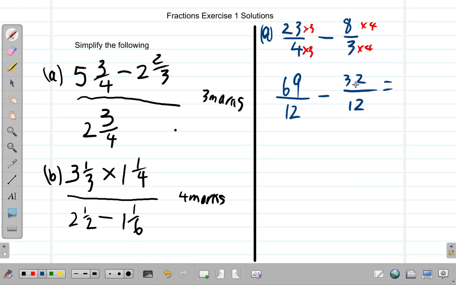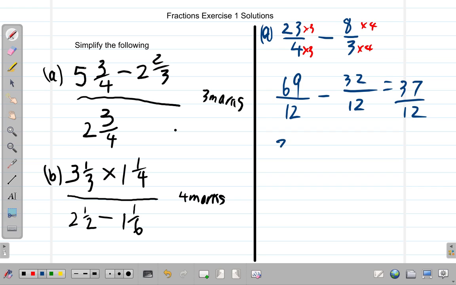Now 69 of anything minus 32 of that same thing will give you how much? 69 minus 32, 9 minus 2 is 7, 6 minus 3 is 3, so it's 37/12. So therefore you have 69 twelfths, and you take 32 twelfths out of that, you have 37 twelfths remaining.